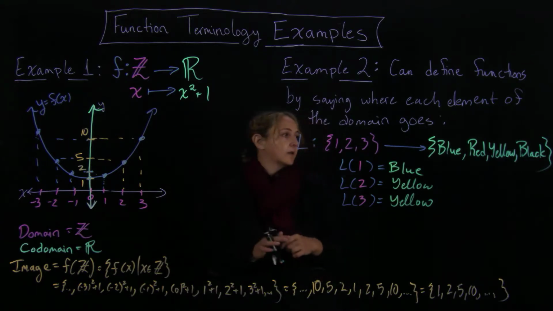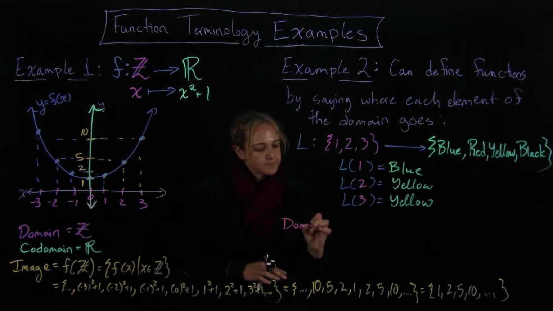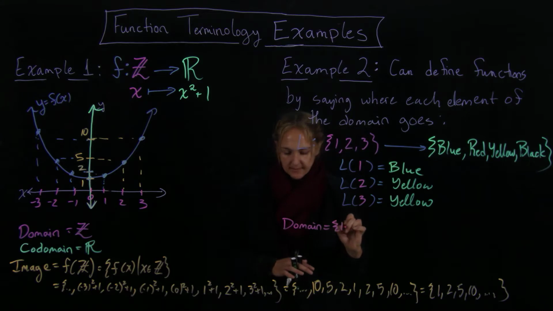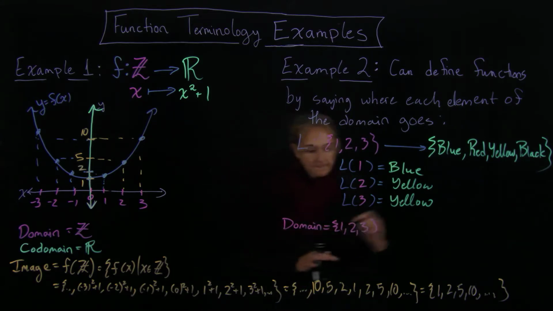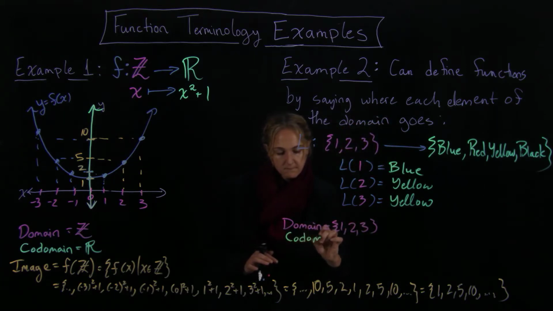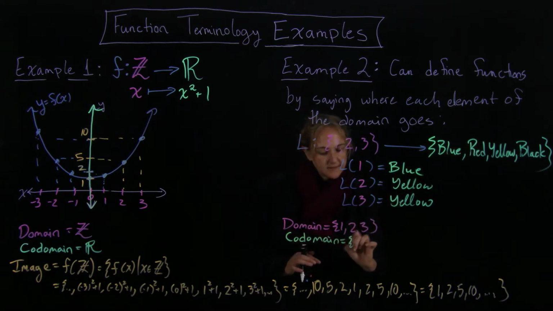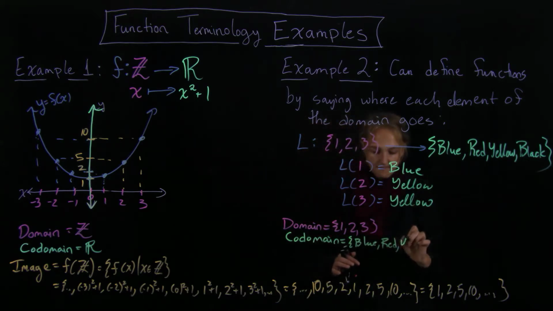Looking at this, my domain is just the set of allowable inputs, so that's 1, 2, 3. My codomain is the set of allowable outputs, so this is blue, red, yellow, and black.